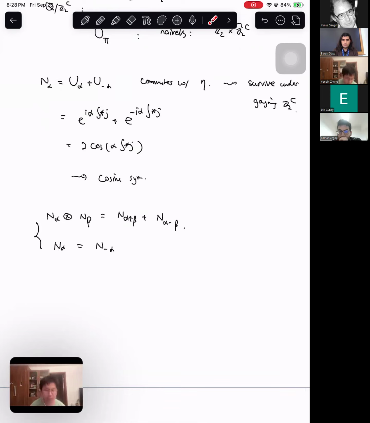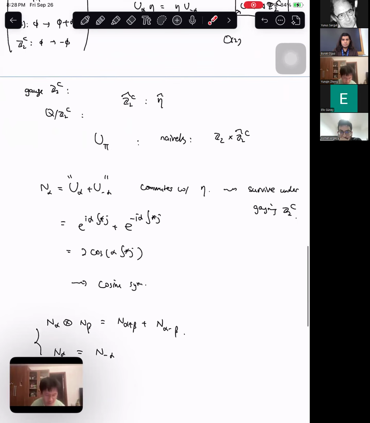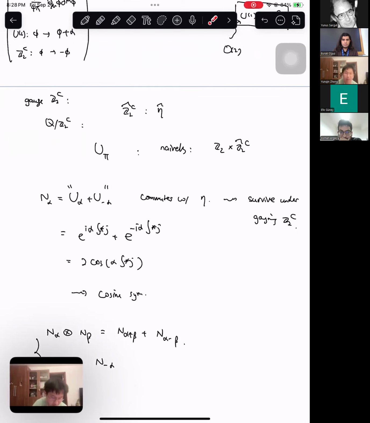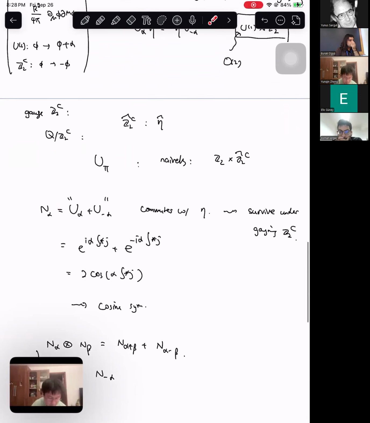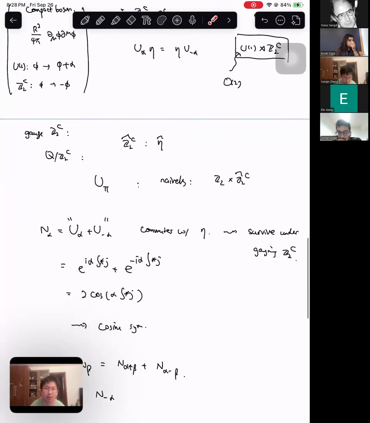This naive operator is actually not a well-defined operator in the gauged theory. The reason is that although it's invariant under the global charge conjugation transformation, it's not local.